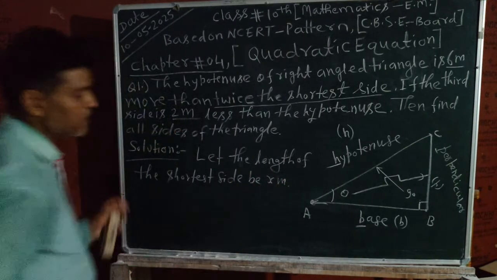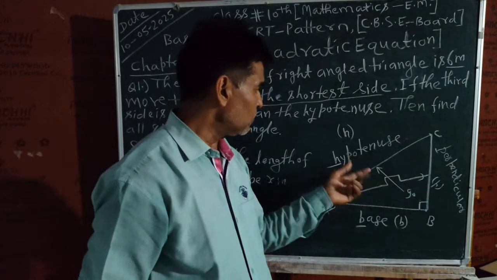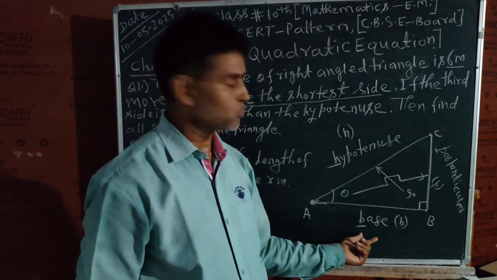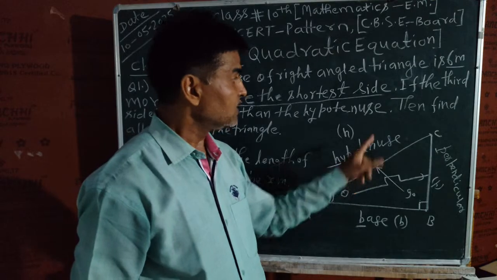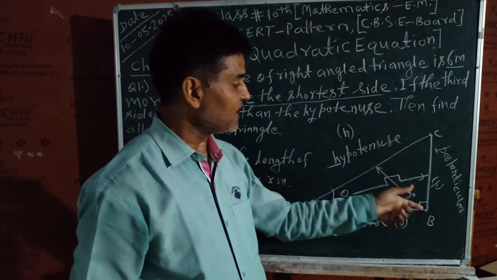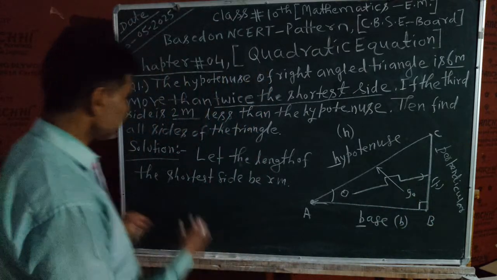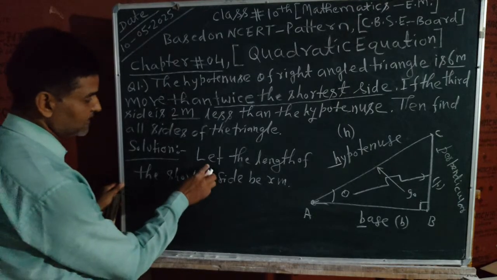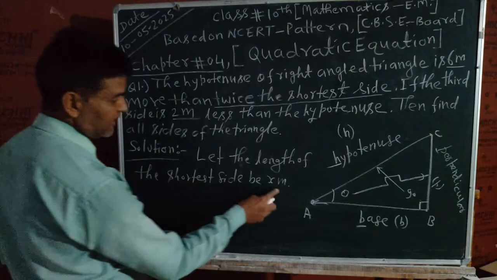So I have assumed this triangle has 3 sides. One is the hypotenuse, another is the perpendicular, and the rest is the base. Okay students, the hypotenuse length is given as 6 more than twice the smallest side. So I have assumed here, let the length of the shortest side be x meter.